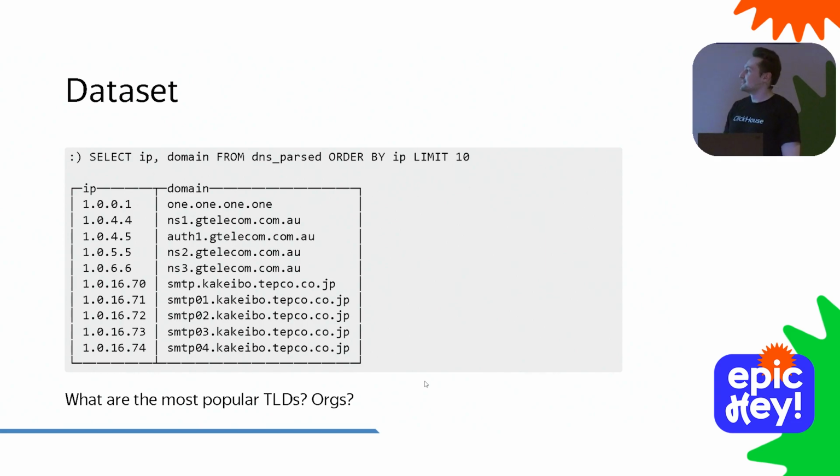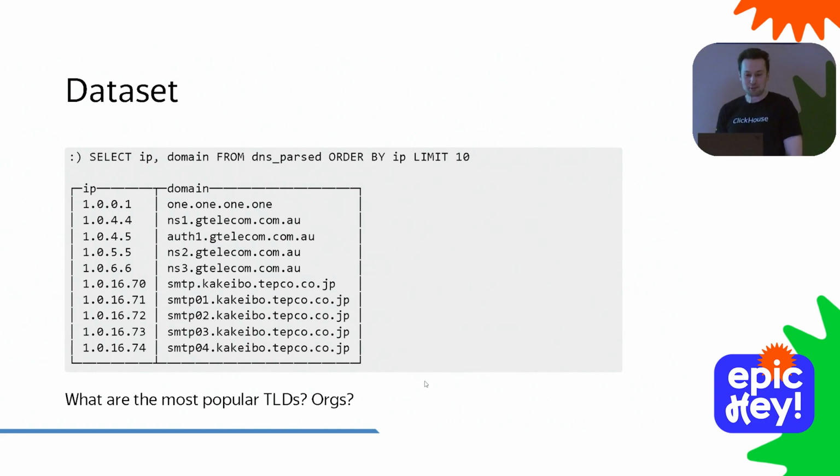Then I will get some Japanese stuff. By the way, can you guess what is the most popular TLD, top level domain? Any idea? Top level domain. .com. .net. Okay.